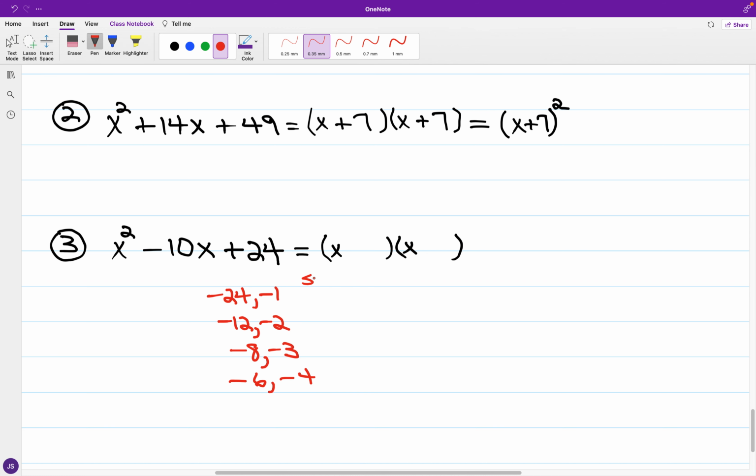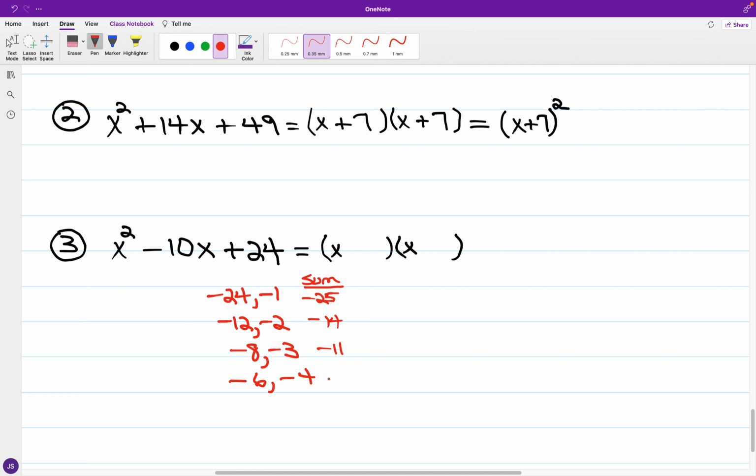And in terms of if you were to add up these combinations, each of the pairings will multiply out to 24, but in terms of adding, negative 24 and negative 1 will be negative 25. For the second pairing, negative 12 and negative 2 will be negative 14. Negative 8 and negative 3 will be negative 11.